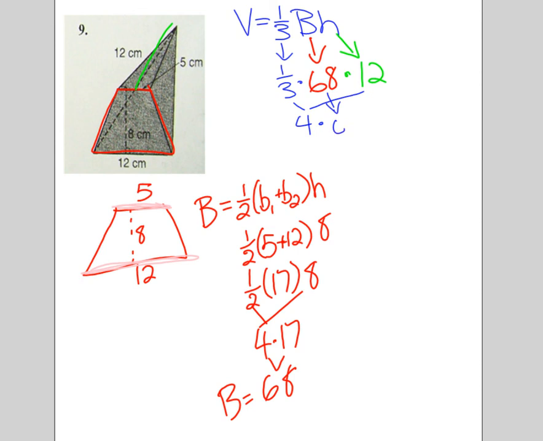So we just have 4 times 68. I wouldn't take 1/3 of 68 because that's a decimal. So 4 times 68 is 272. So we got 272 centimeters cubed.